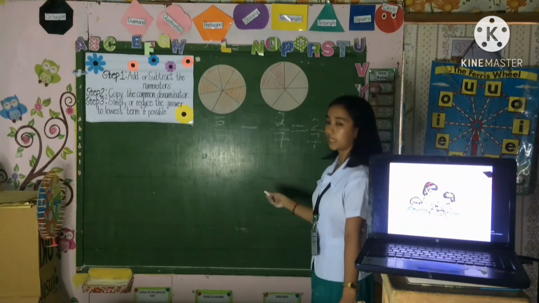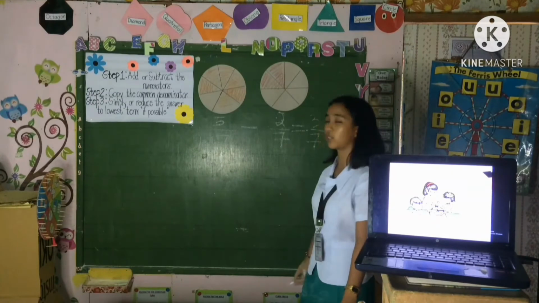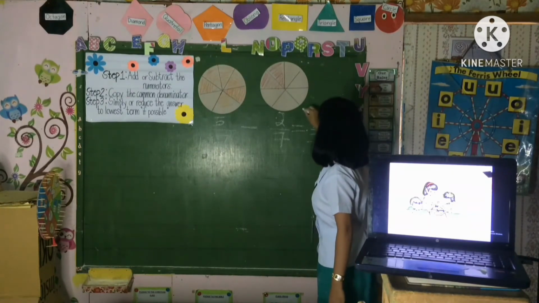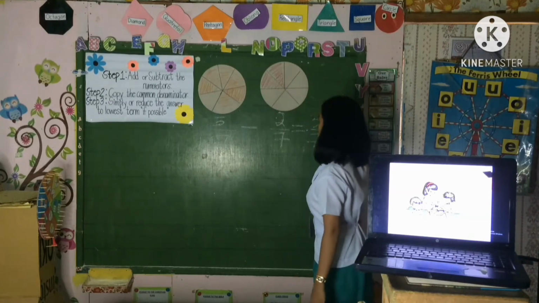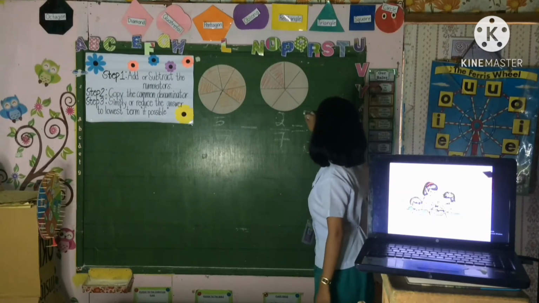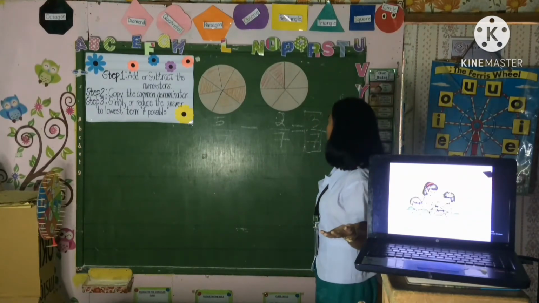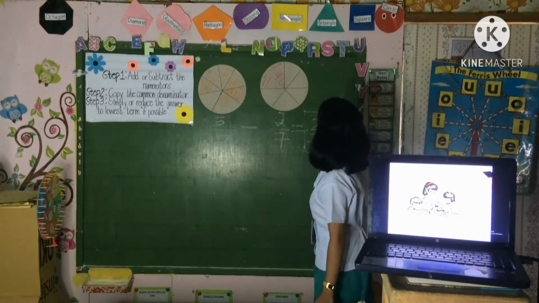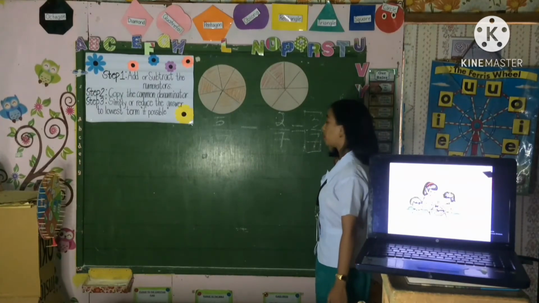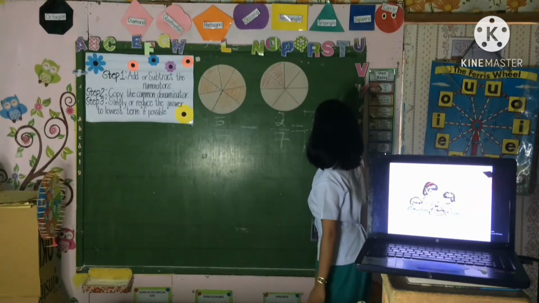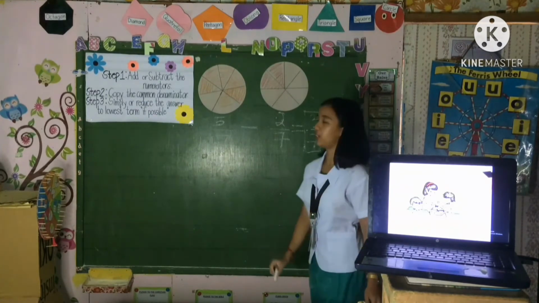So, step 3 is simplify or reduce the answer to lowest term, if possible. Okay, anyone from the class, simplify or reduce this answer. Anyone? Okay, very good. 3 over 7 has no common factor other than 1. Very good. Now, did you understand what subtraction of similar fractions is?